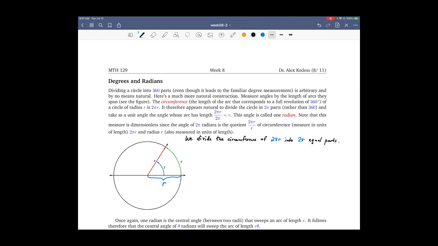Naturally, when we do this, each part will have length r, since 2 pi r over 2 pi equals r, each of the obtained arcs will have length r, the radius of the circle in question.